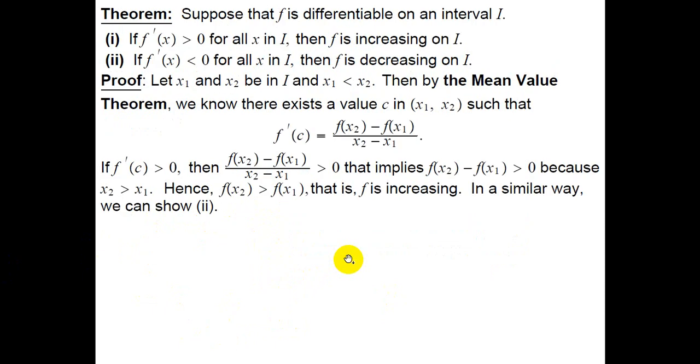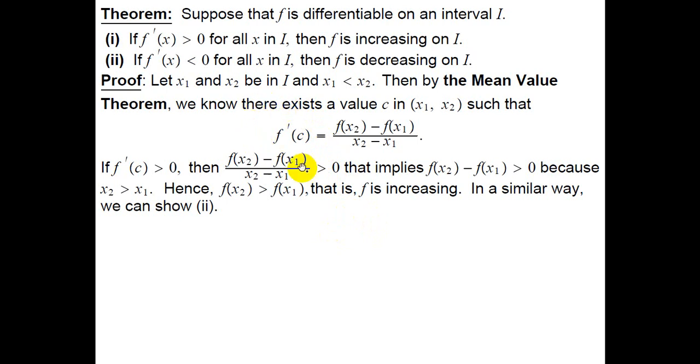Okay. Now let us look at how we can mathematically define the increasing and decreasing function. We can easily define mathematically the increasing and decreasing property of any function by looking at its slope.